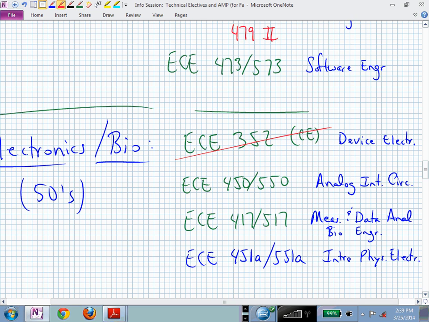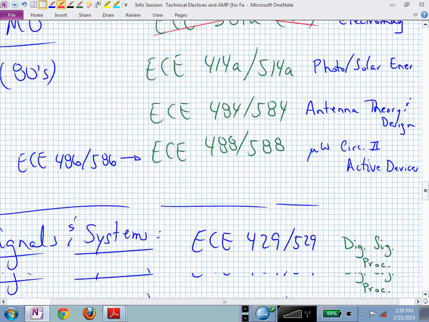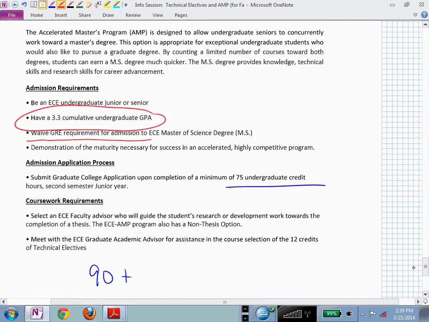Yes, so now you need to make sure that you meet the thresholds for the AMP, which is the 3.3, and that's basically a yes or no decision even outside of the department.